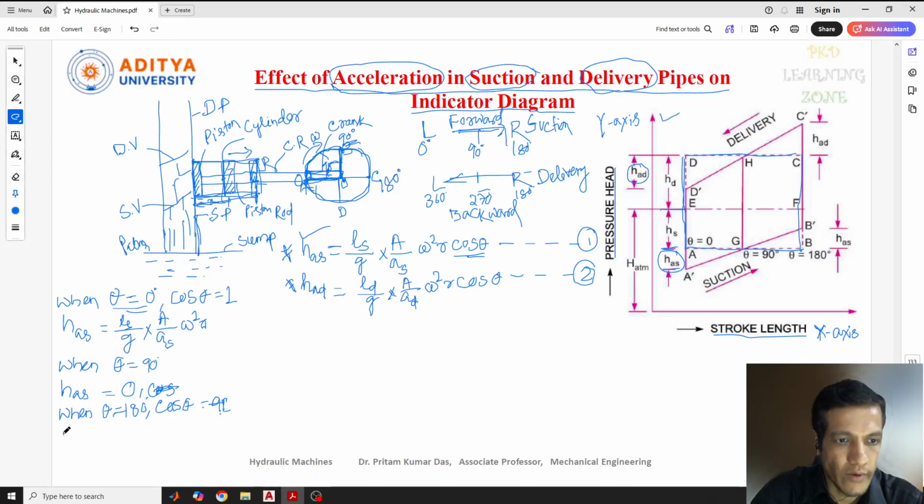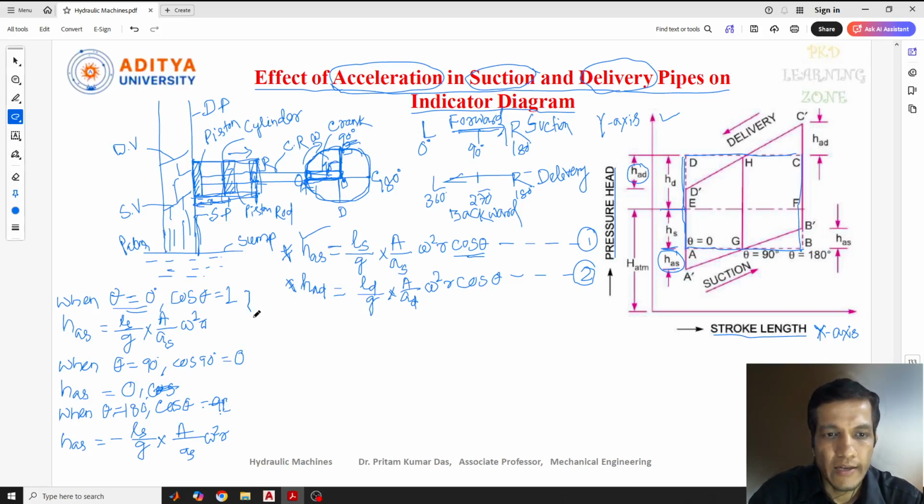So minus 1 means we get HA equal to minus of LS by G into A by AS into omega square R as usual. And here cos 90 equals 0. I hope you understand. I just kept the value of theta in this equation and found this value.